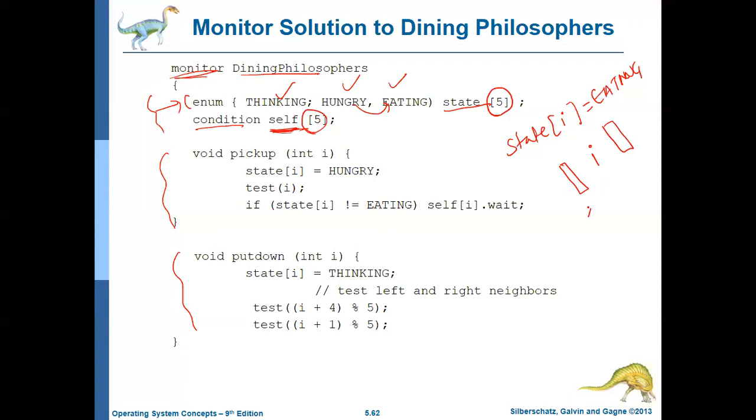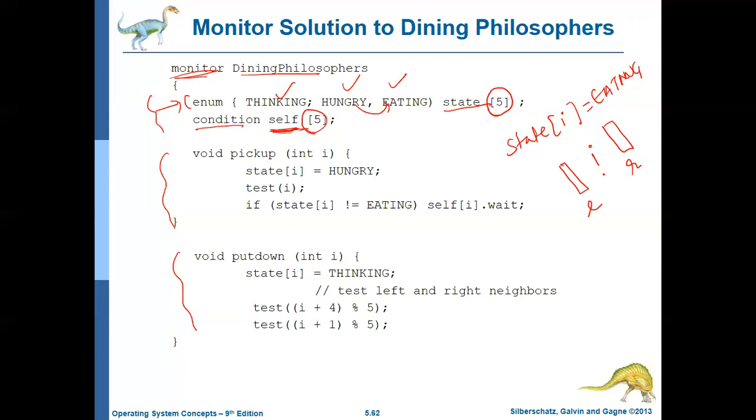Understood? If both of them are available at the same time, then only he can pick them up and start eating. So that is the condition we have imposed here. Only if both are available, he or she may pick up his or her chopsticks and start eating.